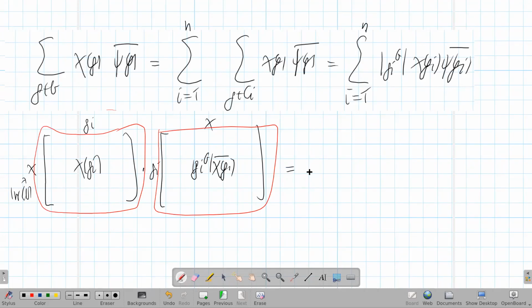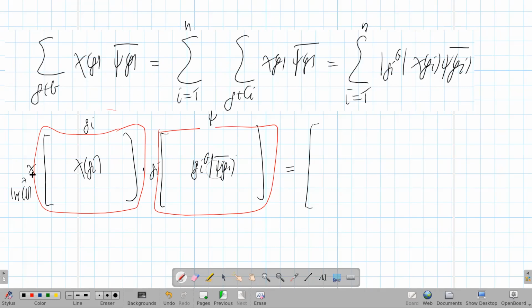So what's the typical product? Let's say psi, okay, so it's generic.